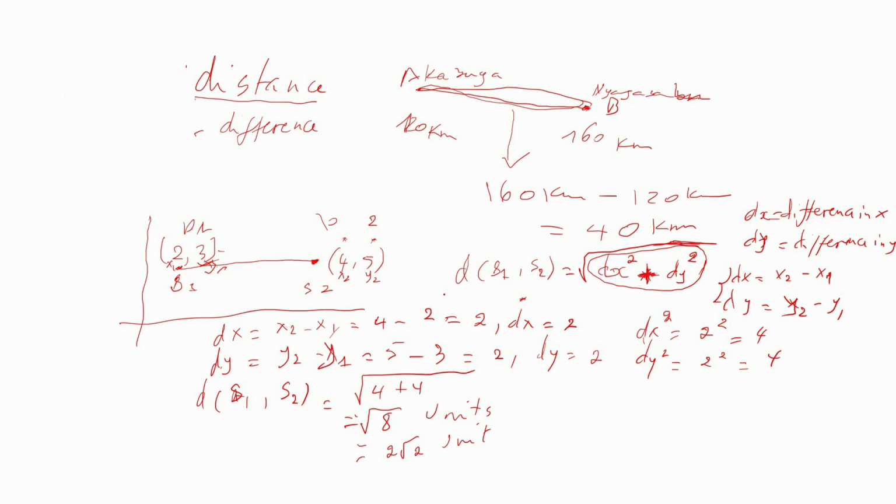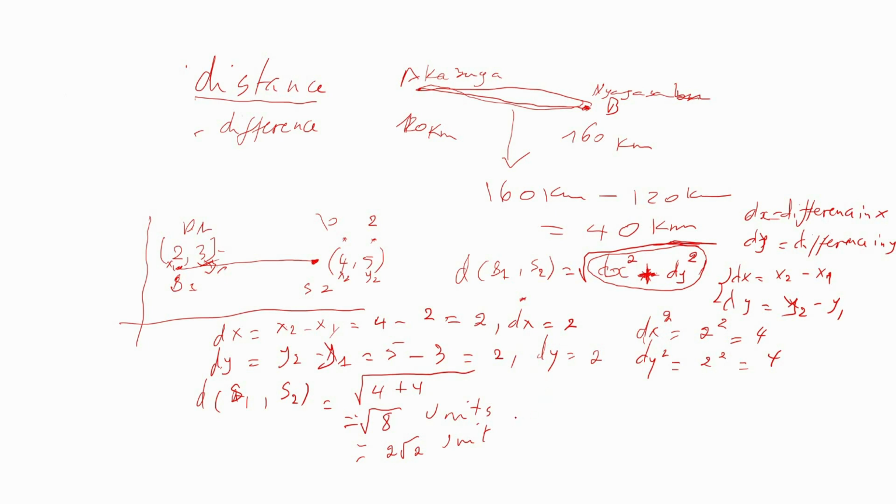Here dy is 2. Then, I prefer to first of all find dx squared before I apply the formula. It is better. That is 2 squared. You get 4. And I get dy squared. This is 2 also squared. I get 4.